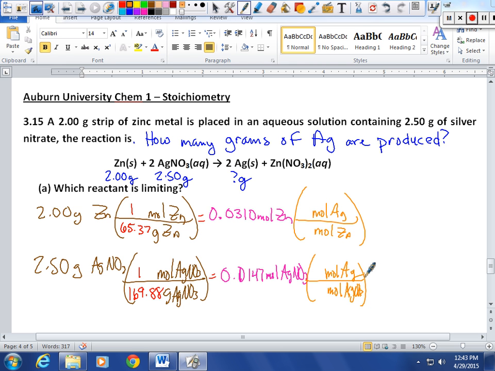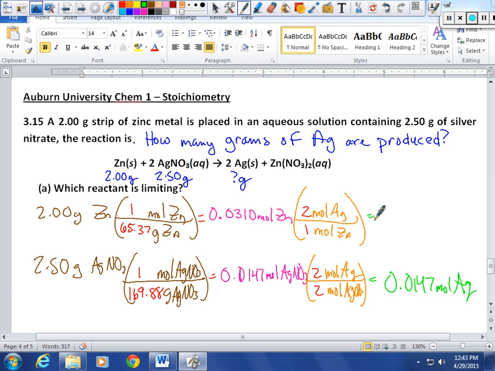What is your mole to mole ratio from silver to zinc? 2 to 1, very good. And what is it from silver to silver nitrate? 2 to 2. So what does that change about the bottom value? Nothing. 0.0147 moles of Ag.